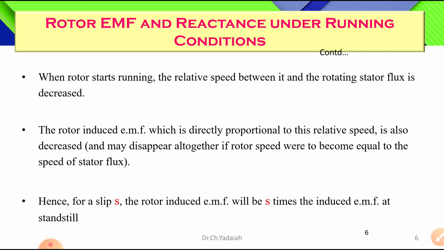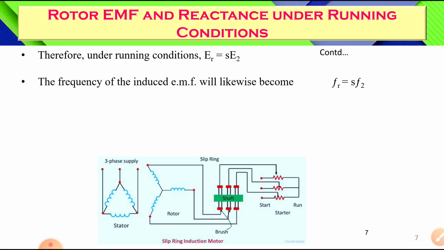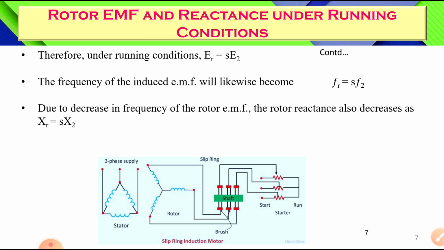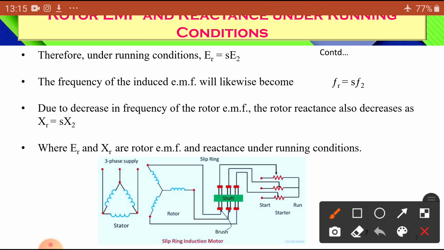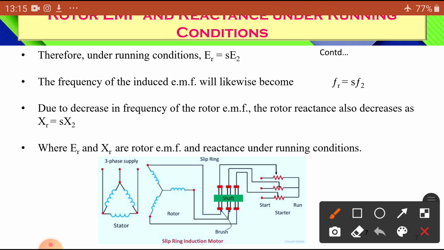Hence, for a slip S, the rotor induced EMF will be S times the induced EMF at the standstill condition. We have covered all these things. To summarize, under running condition ER, the induced EMF in the rotor conductors, is equal to slip times the EMF induced under standstill condition, and the frequency likewise.